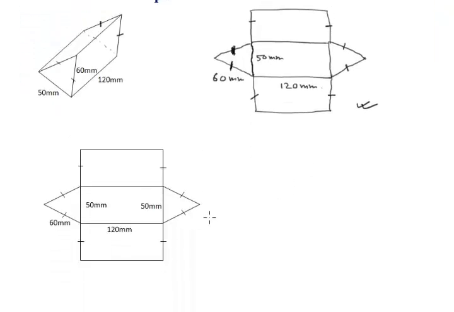This is the final drawing for the net of this triangular prism, where this dimension is 50, and these two dimensions are 60, and this rectangular face has a 120 millimeter edge and another 60 millimeter and 120 millimeter. All these are 120 millimeter. All these faces' edges are 60 millimeter. So this is the net for this triangular prism.